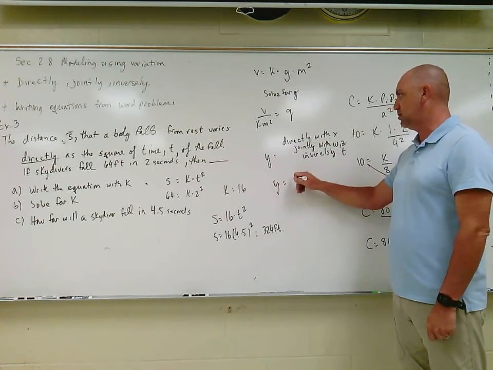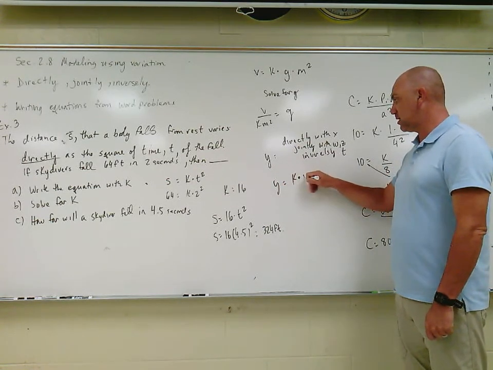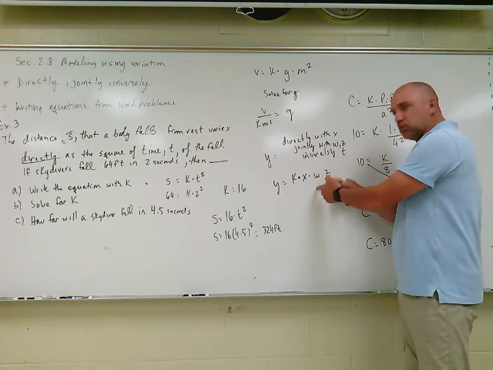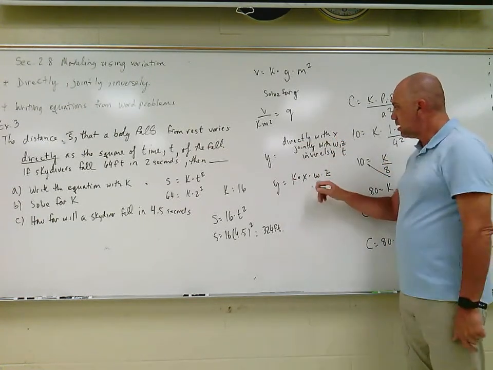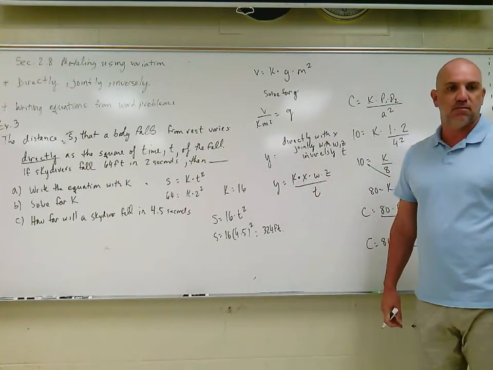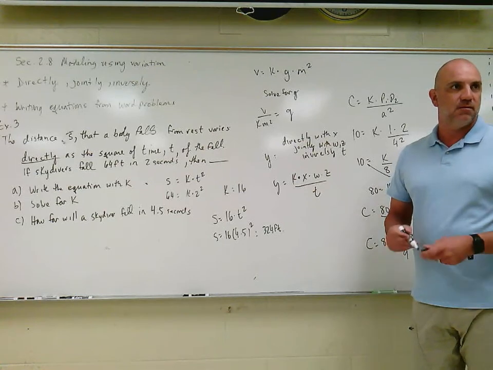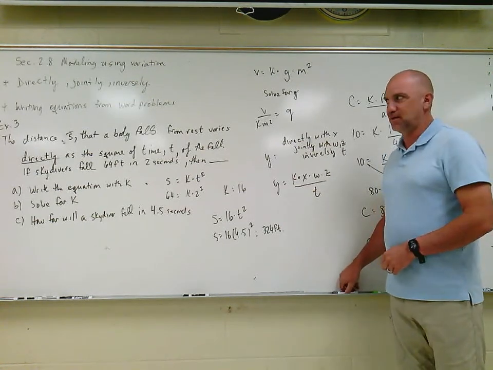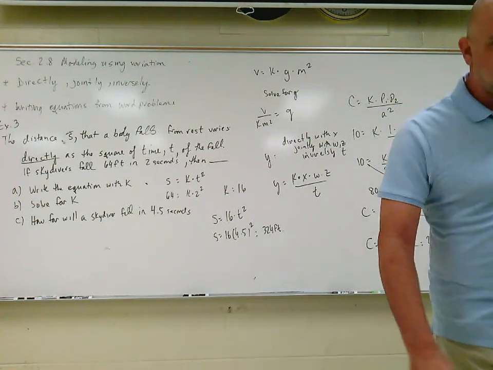Y equals K times X times W times Z. It's just saying both of those are just multiplied. And then what? There you go. You got it now. That's it. Oh, it's exhausting. You got the words, okay? All right. I think you're good with it. Okay, I'm gonna stop this.